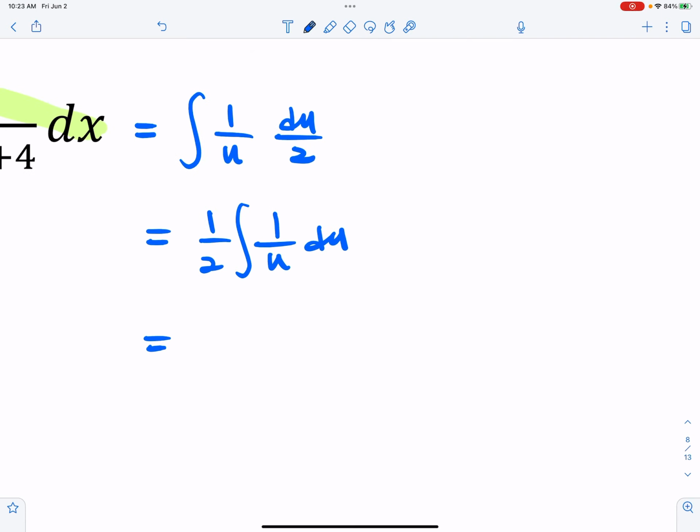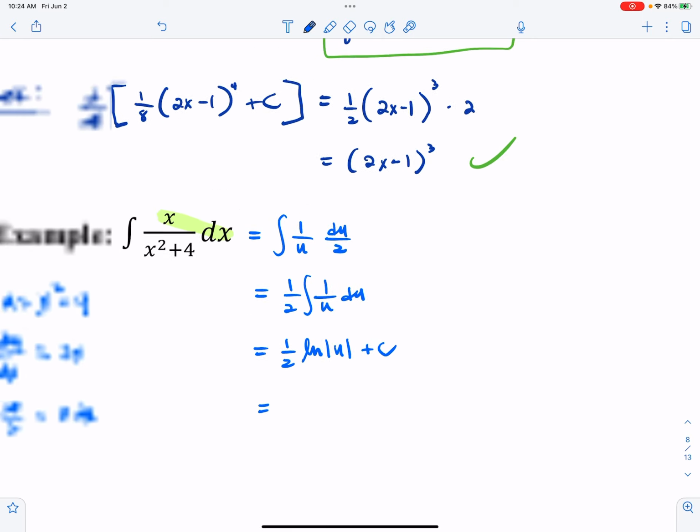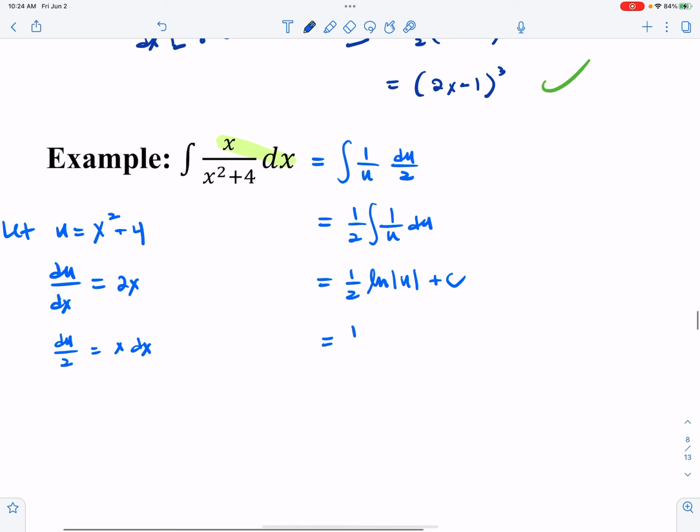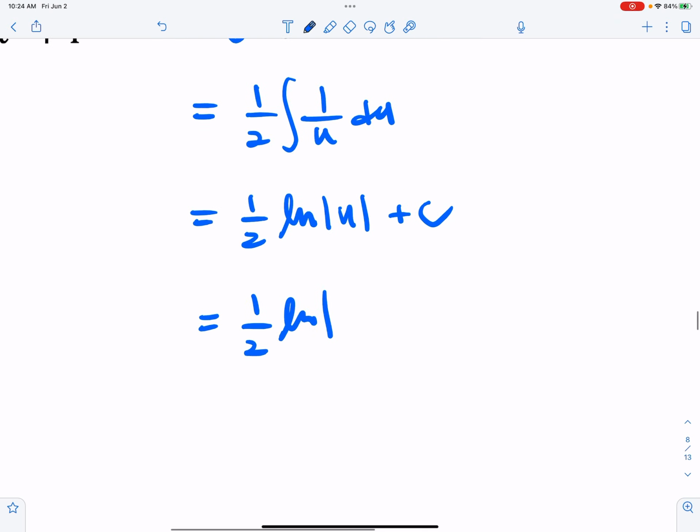Well, the integral of 1 over u, that's one you were supposed to memorize. So we would have 1/2 times natural log of absolute value of u plus c. And then your last step is just to substitute what you had let u equal to back in. Now, x squared plus 4 is positive for all real numbers.